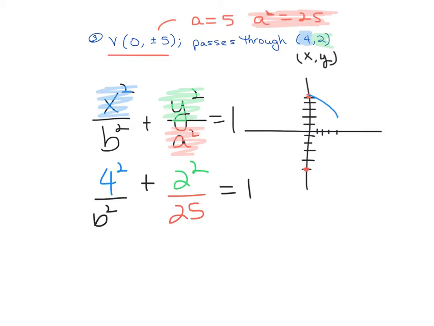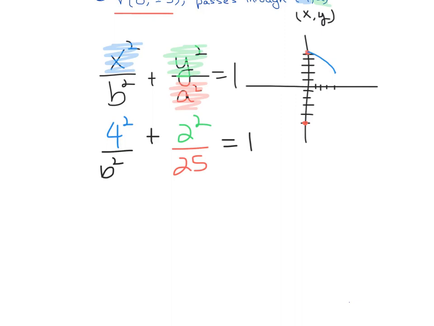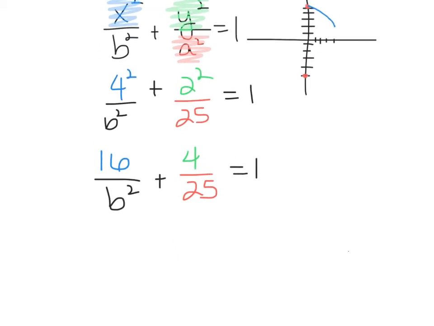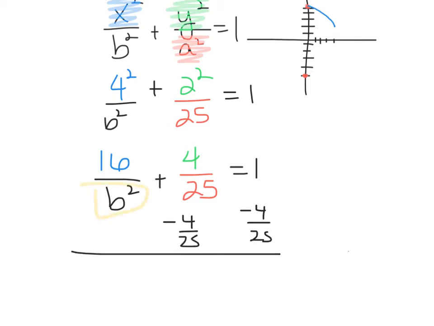So I'm going to simplify. I'm going to do the exponents. So my next step is to isolate b squared. So I need to move everything away from it. So what I'm going to do is move this 4 over 25 to the other side, because I'm trying to get b squared to be all by itself.